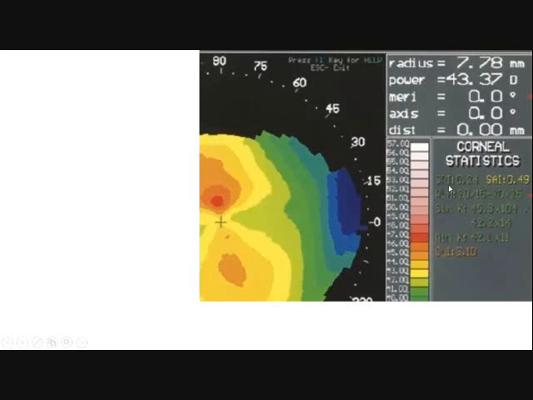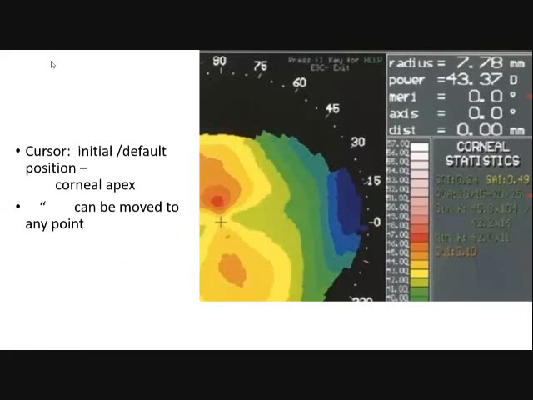In the statistics, you have SRI. You will see what is SRI and what is SAI, and PVA, potential visual acuity. We will see in detail one by one all these things.